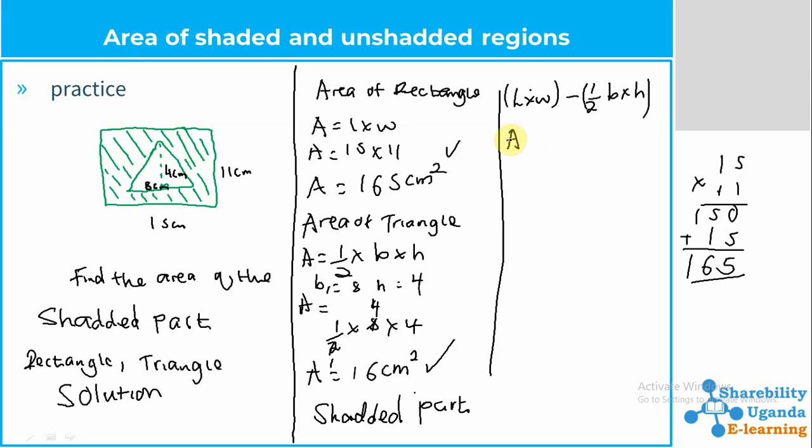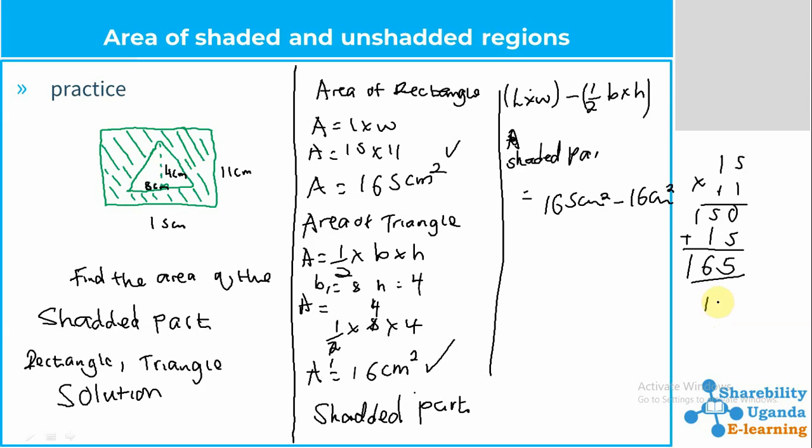Okay, so the total area of the shaded part is going to be equal to, what did we get here? Our area of a rectangle, we got 165 centimeters squared minus our 16 centimeters squared.